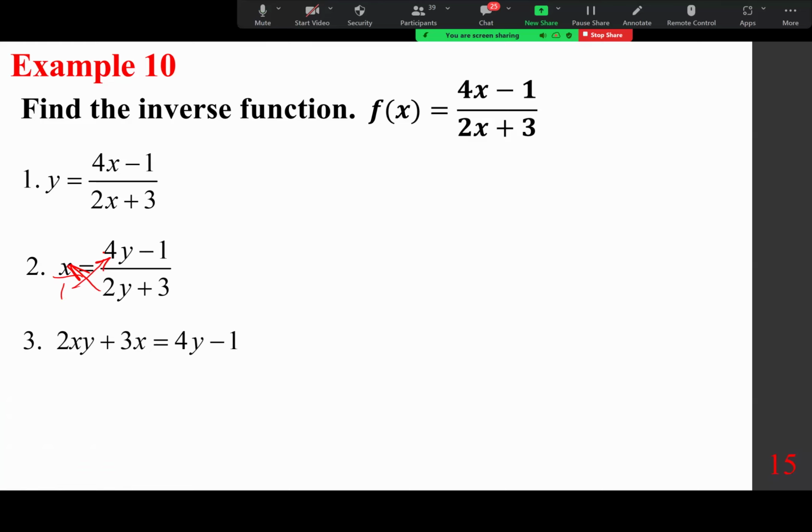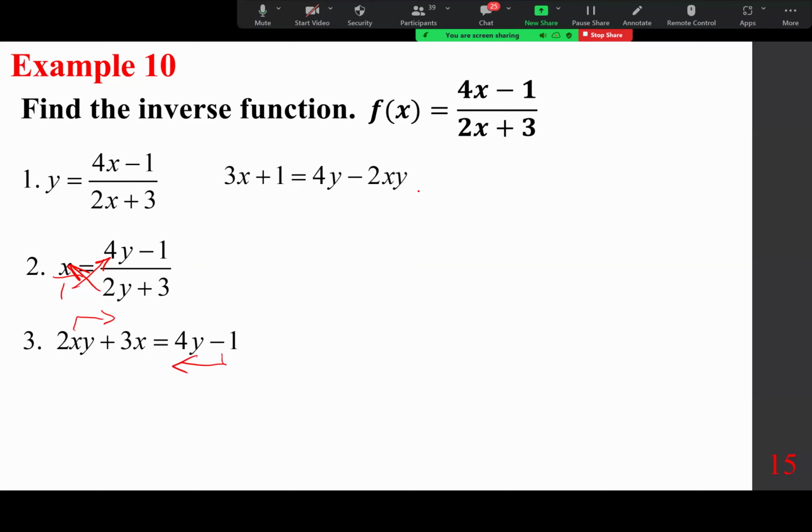We are solving for y. We move things around. We can either move 2xy to the right or 4y to the left, makes no difference. We move the minus 1 to the right. We end up with this.